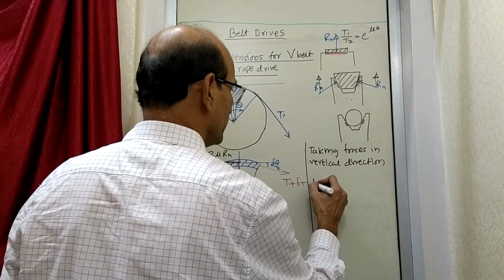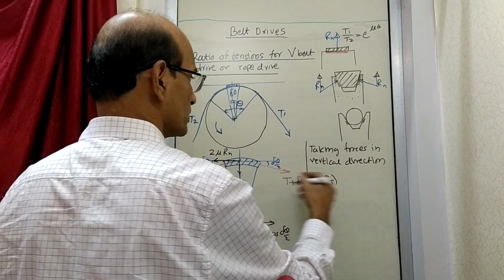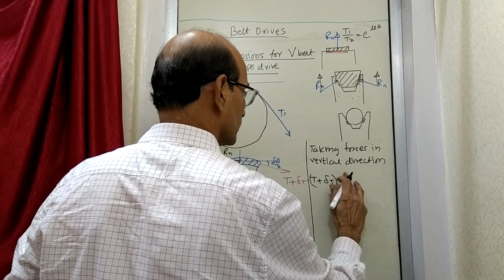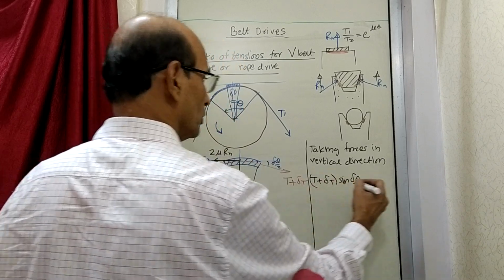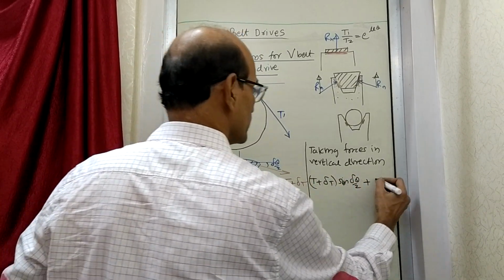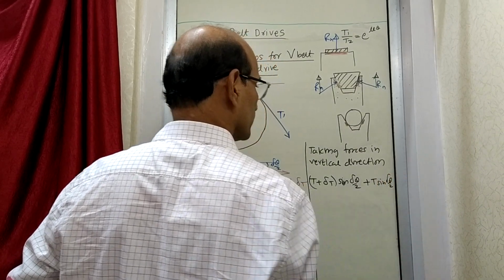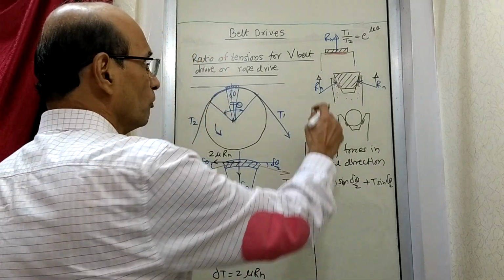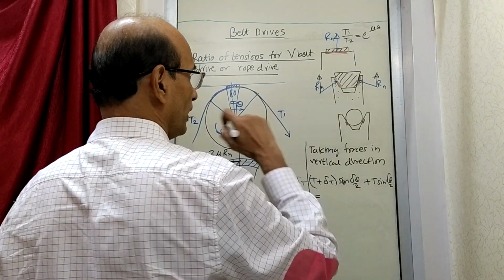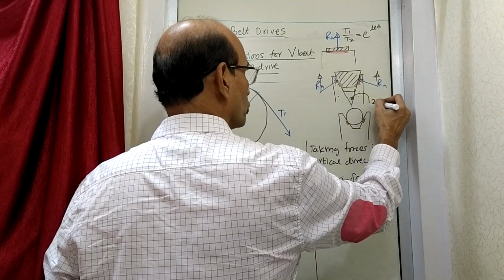so I'll write here T plus delta T is sine delta theta by 2 plus T sine delta theta by 2 on this side is equal to, now here this is Rn, and then the angle here is shown as 2 beta.